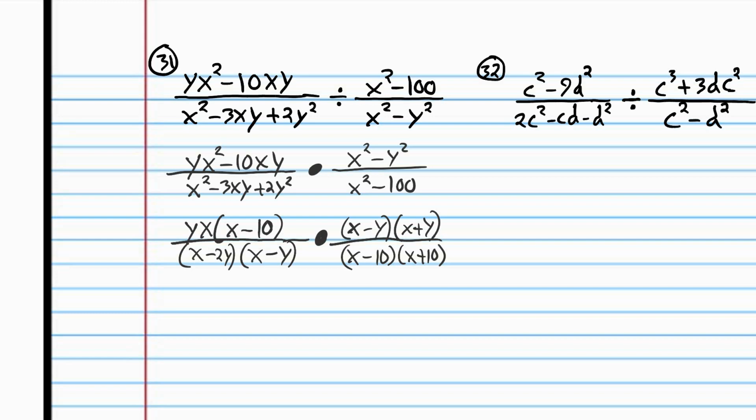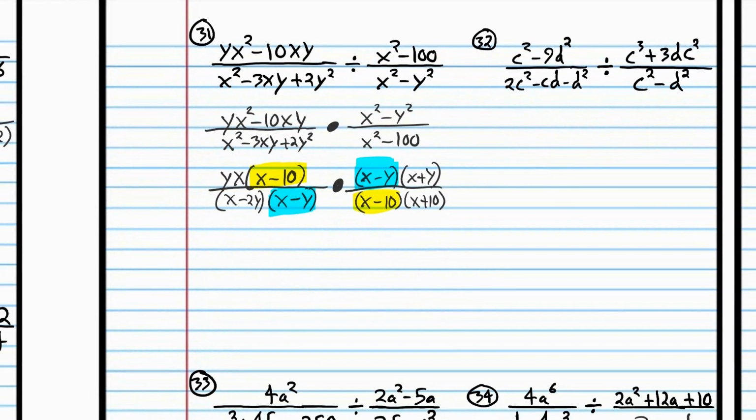So now we just have to cancel out. Multiply across. And there you go.